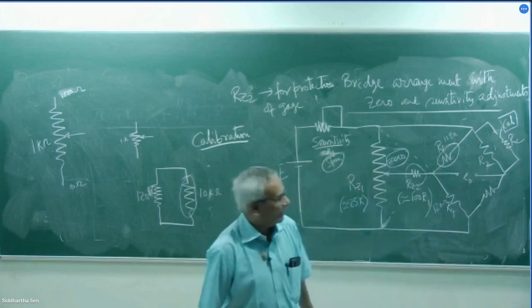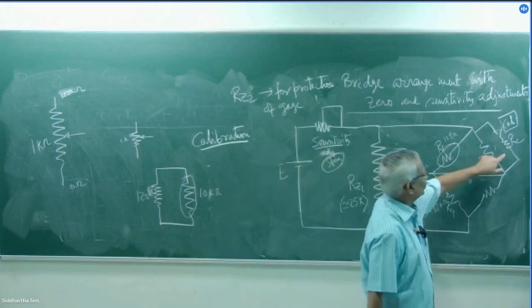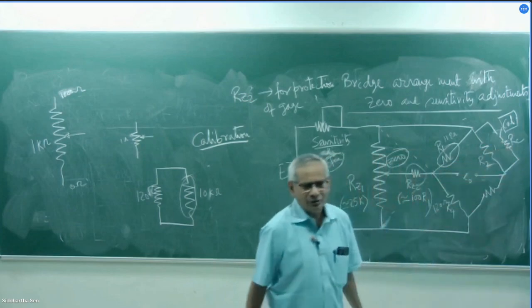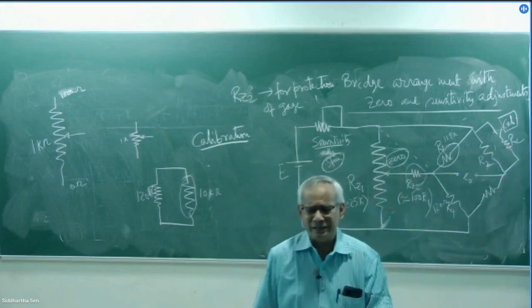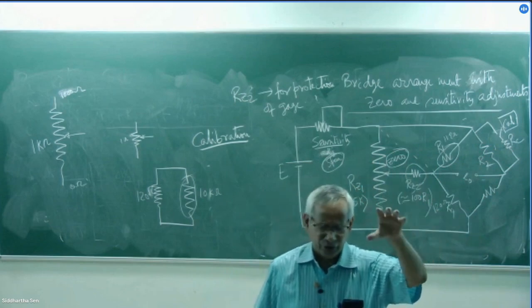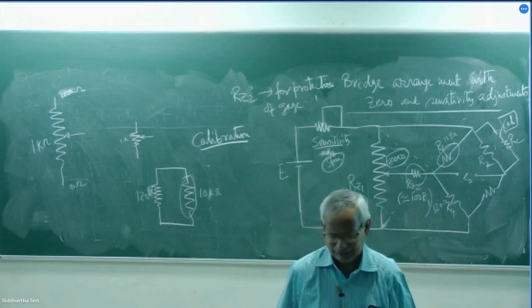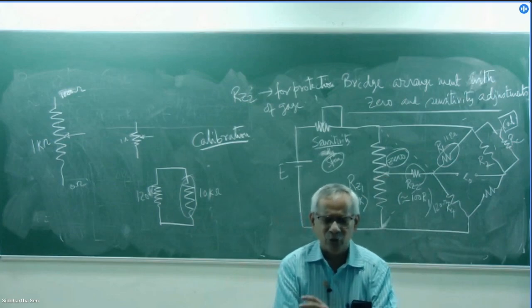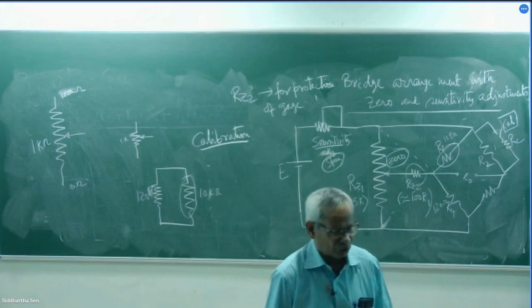I can design the value of RC such that an equivalent strain is generated, say a strain corresponding to 1 ton, and I have calculated that much voltage will be the output.